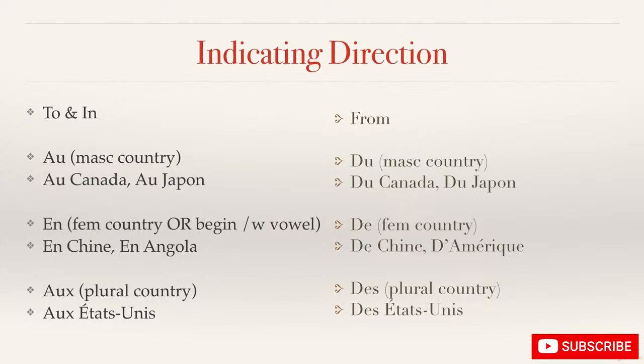So we would say de Chine ou d'Amérique. So from China or from America. And then finally, with plural countries, we use des. And the S makes a Z sound when it comes before vowels, just as the O with the X. So des États-Unis, or des Pays-Bas, so from the United States or from the Netherlands.